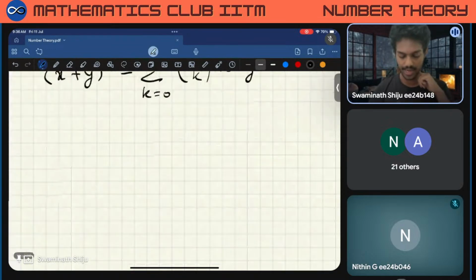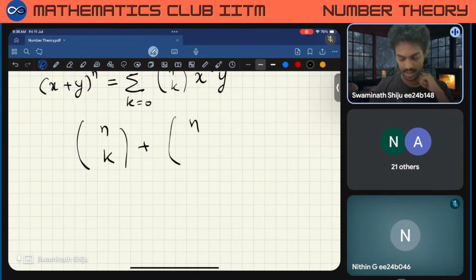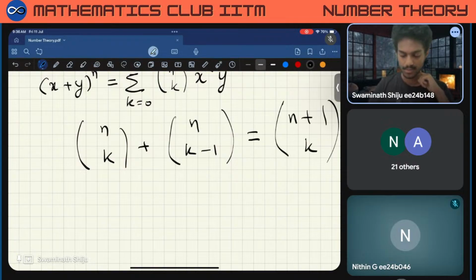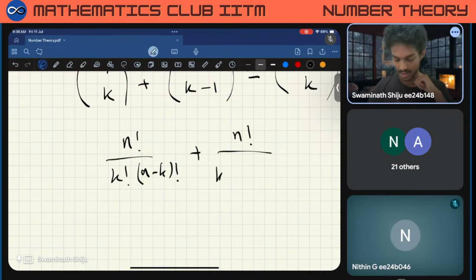First we need Pascal's rule: nCk plus nC(k minus 1) is equal to (n plus 1)Ck. This you can prove using simple algebra. n factorial over k factorial n minus k factorial, plus n factorial over (k minus 1) factorial (n minus k plus 1) factorial.